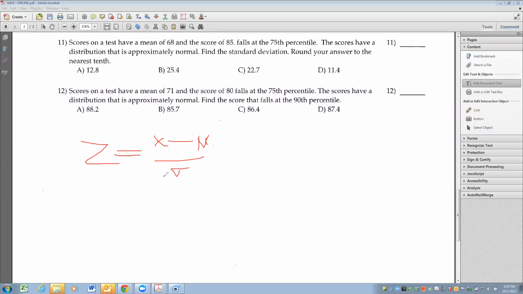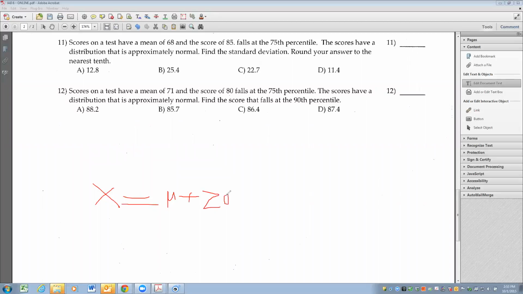So once I solve for sigma, I'll then do x equals mu plus z sigma. But you'll use the z value for the 90th percentile instead.